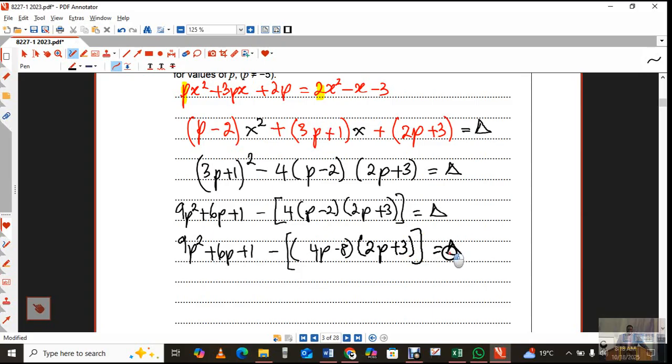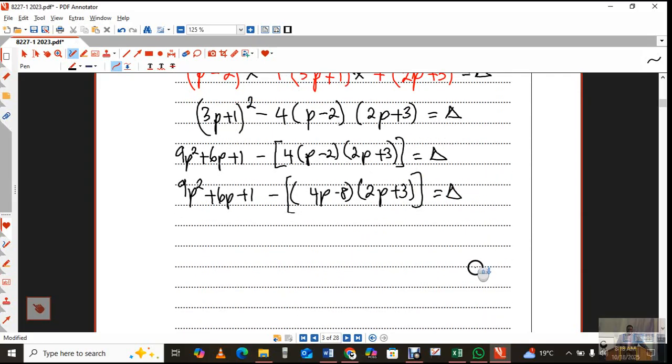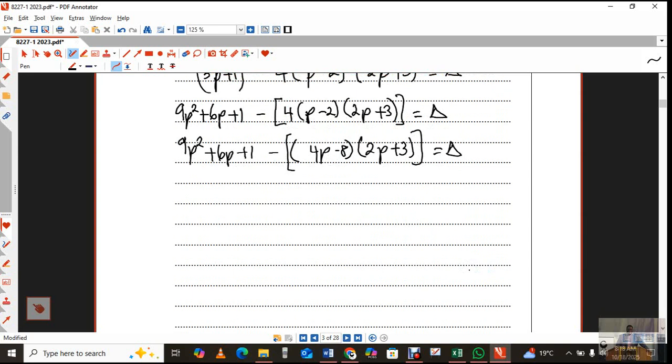Okay, this is something you need to be very careful with, because the chances of you making a mistake are very high. So this leaves us with 9p squared plus 6p plus 1 minus, when you multiply out, this is going to be 8p squared. When you multiply 4p times 3, that's 12p. When you multiply this one, you're going to get a negative 16p. And then obviously when you multiply negative 8 times 3, that's negative 24.